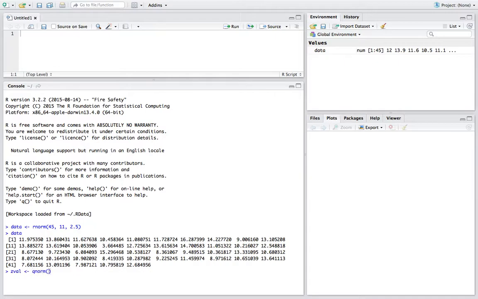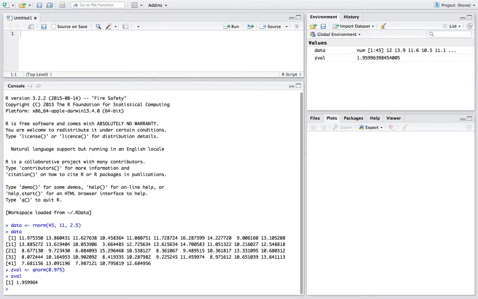qnorm. So we have an input of 0.975, which is 1 minus 0.025, which is alpha over 2. We could also put in 0.025 in the qnorm function, and it would give us the same thing, so we'll just print that out.